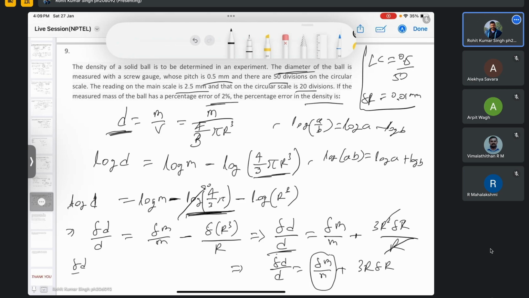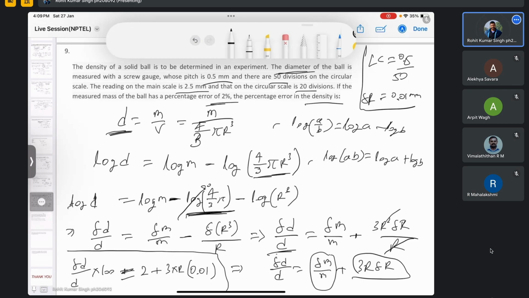So that is equal to 2% plus this value. Okay, so 3 into delta R, which is 0.01 mm, divided by R, right?